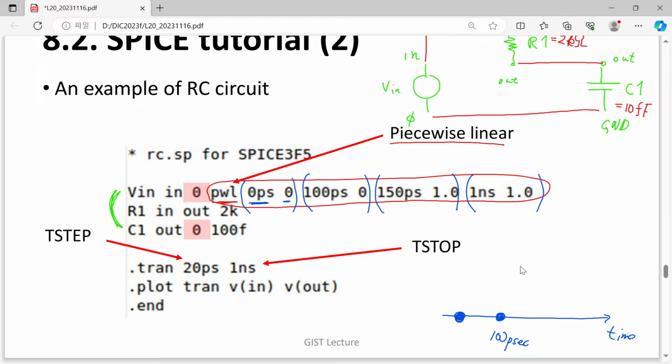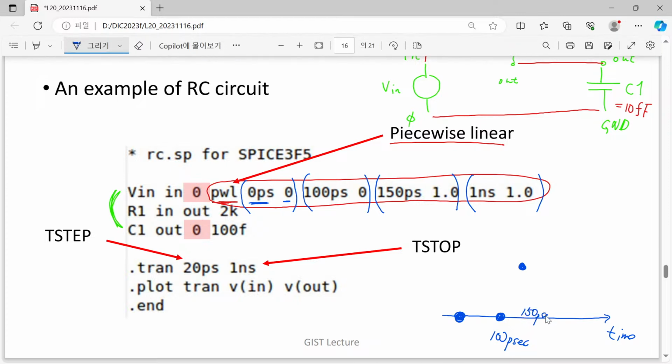At 150 picosecond, now it becomes 1 volt. After that, even after a long time, here we have 1 nanosecond, we have 1 volt.